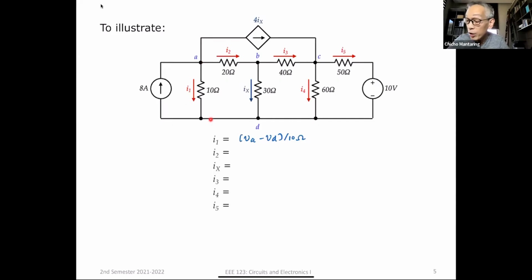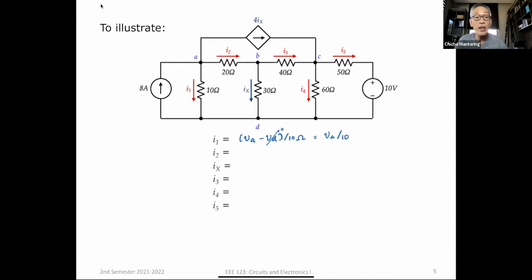That is, the voltage across this resistor is VA minus VD, divided by its resistance, and that should give me the current. That is just Ohm's law. But take note, we said that VD is equal to 0 because this is our reference. So this is just equal to VA over 10.